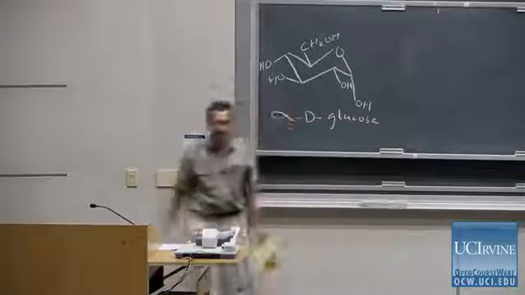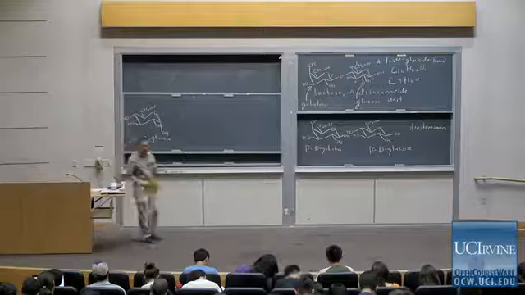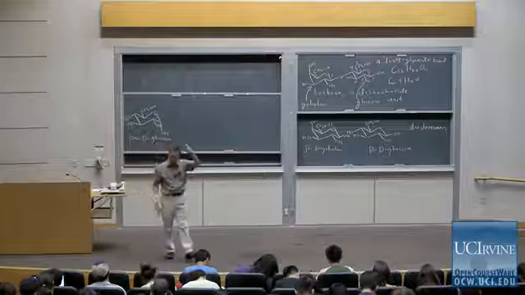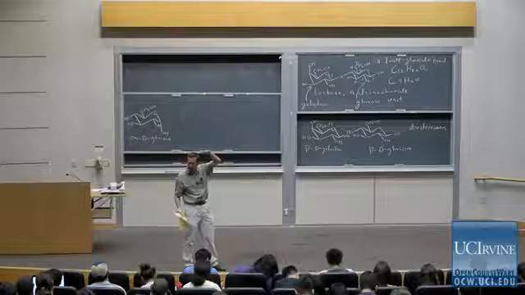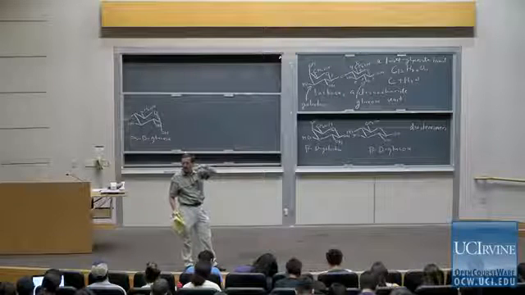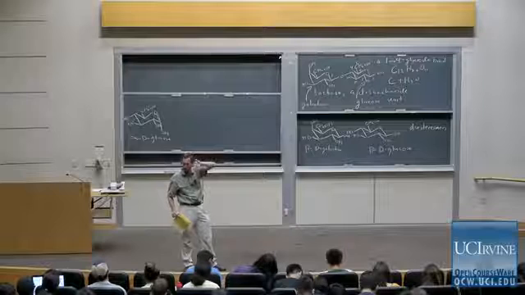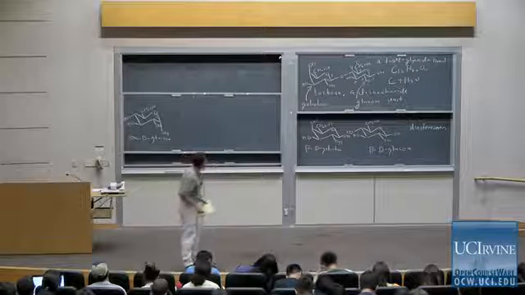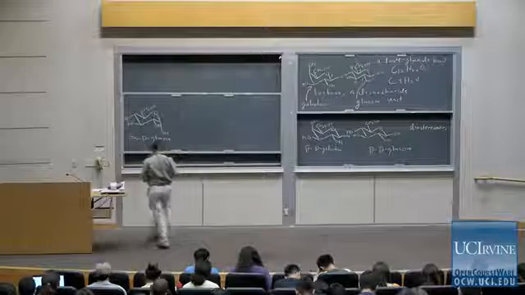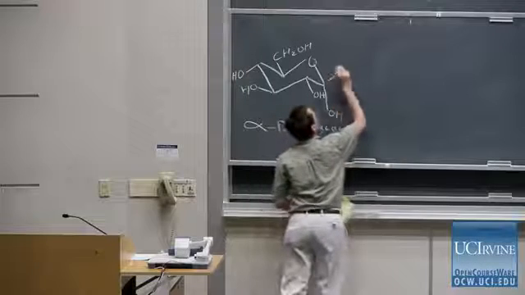And in the convention of organic chemistry, you have beta as the up position, the top face of the ring. Alpha is the bottom face of the ring. So the OH is pointing down to the bottom face as we've drawn it at what we call the anomeric carbon.